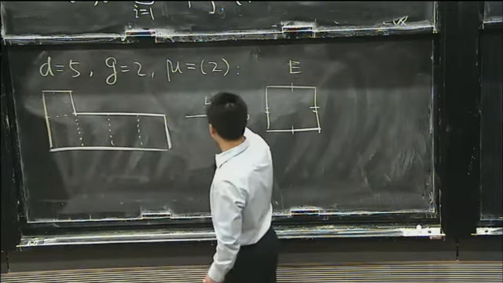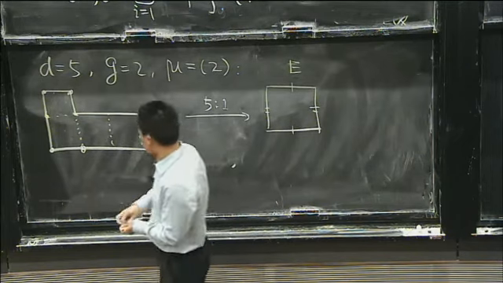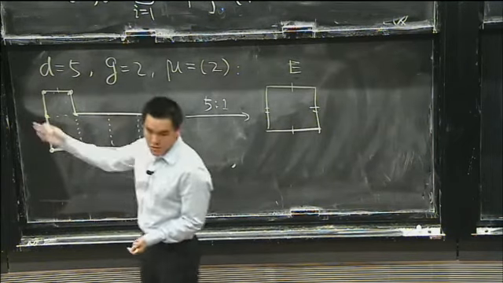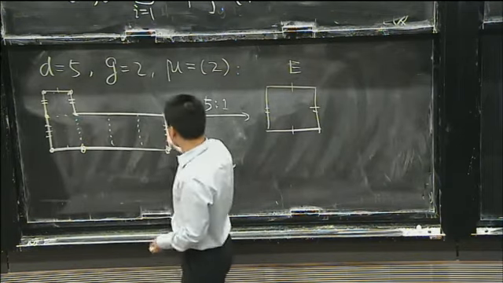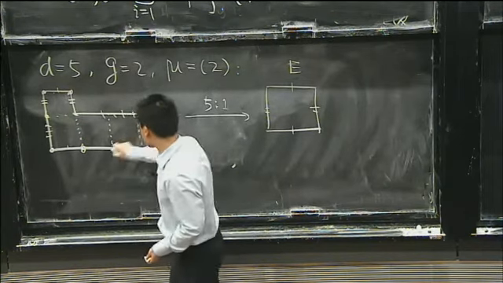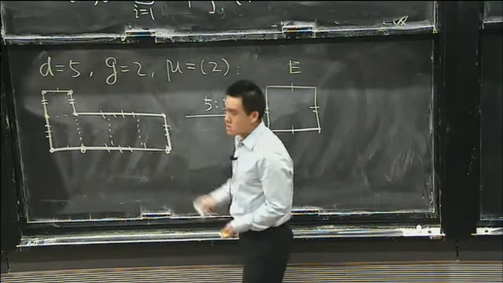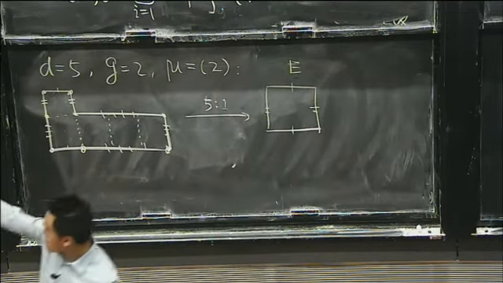And I want to identify the following edges. First, this is an octagon with 8 vertices. So identify these 2 edges under parallel translation, and these 2, and these 2. And finally, I identify the 2 long edges. And this is topologically the same as the first picture I drew there.